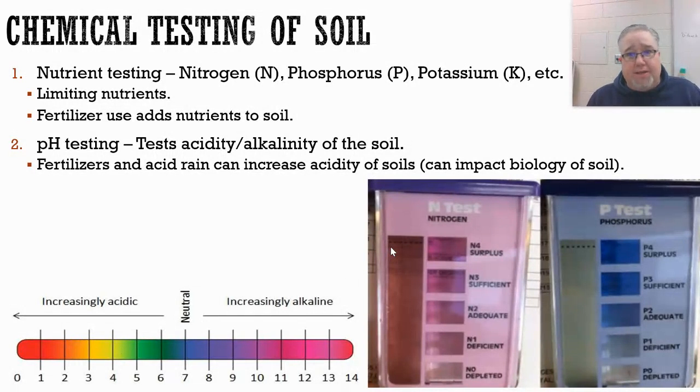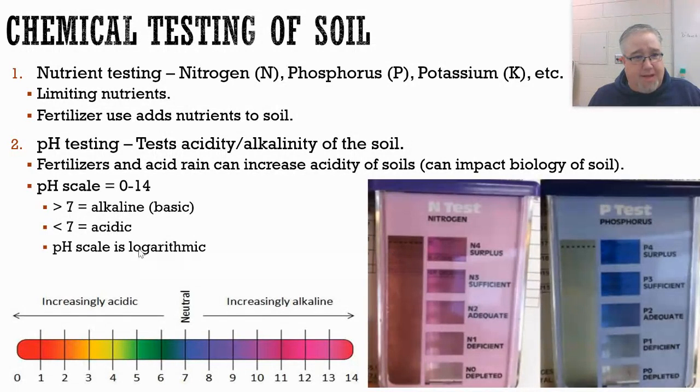And by the way, if you don't know your pH scale, there it all is. Greater than 7 is basic, less than 7 is acidic. But if a soil is too acidic or even too alkaline, that can impact the biology of the soil.